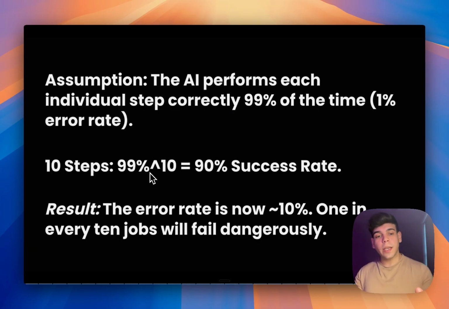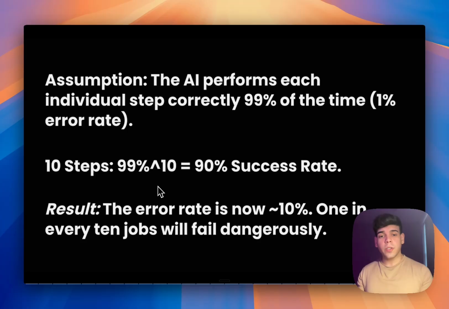So if it does an action or a task that takes 10 steps and it's able to do each specific step 99% correctly, 99% to the power of 10 is actually only a 90% success rate.